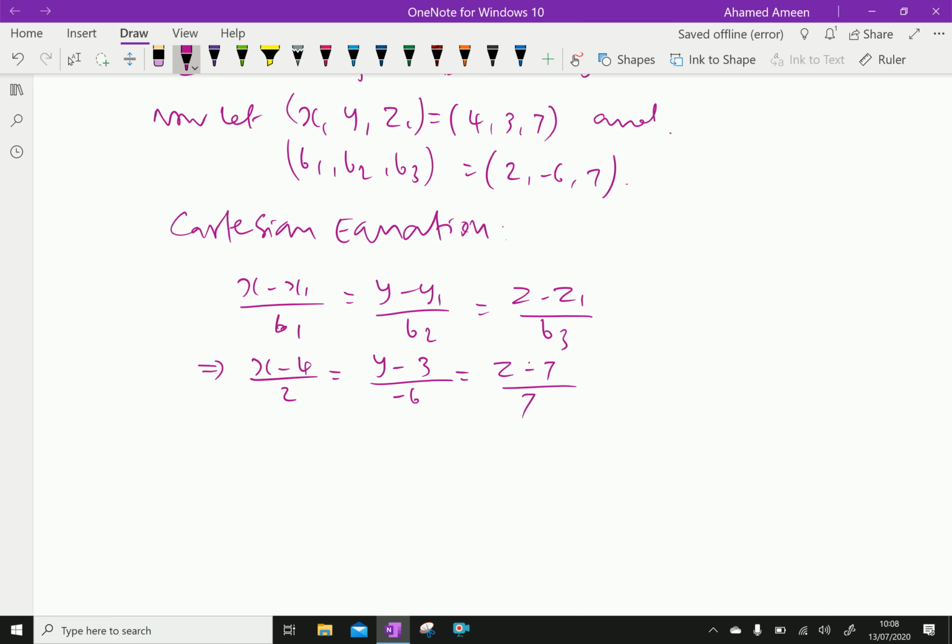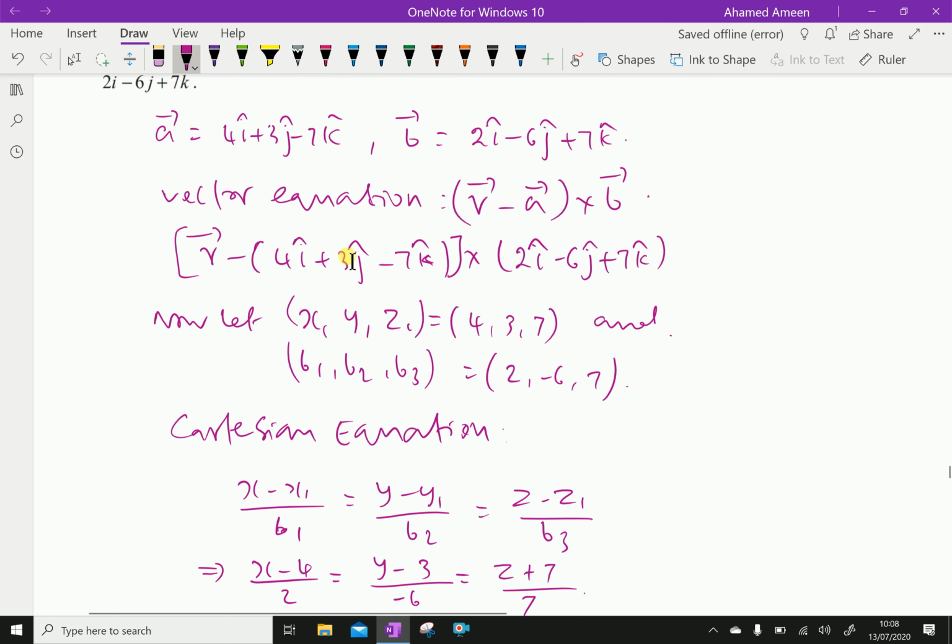So x minus 4 over 2 equals y minus 3 over minus 6 equals z plus 7 over 7 is the required Cartesian equation of the given vector equation.